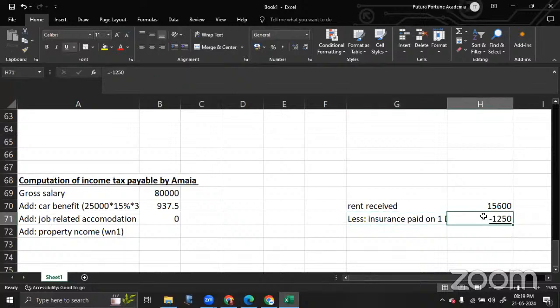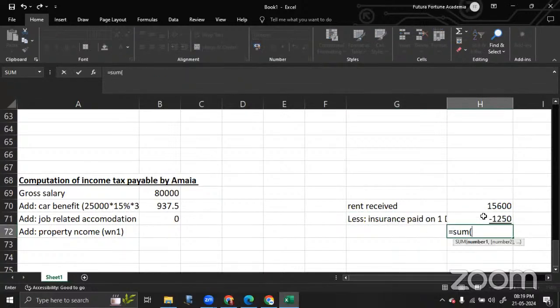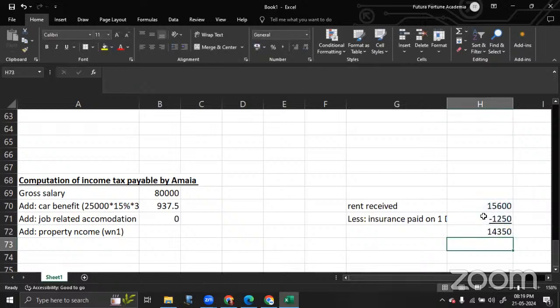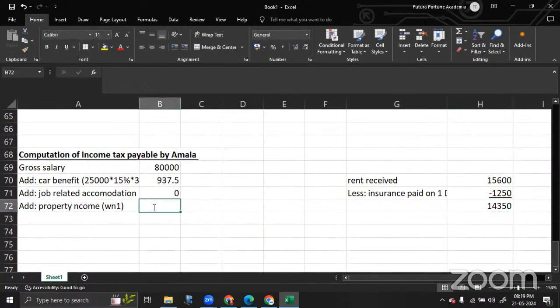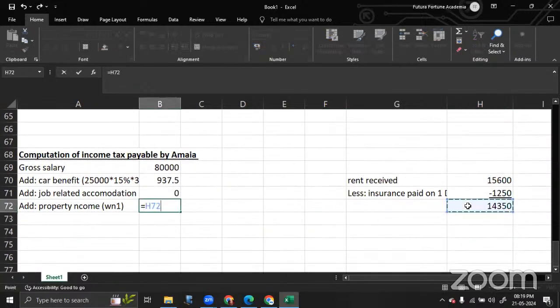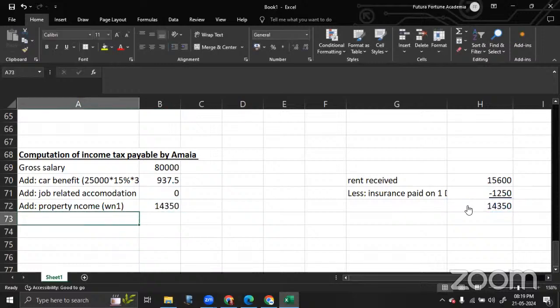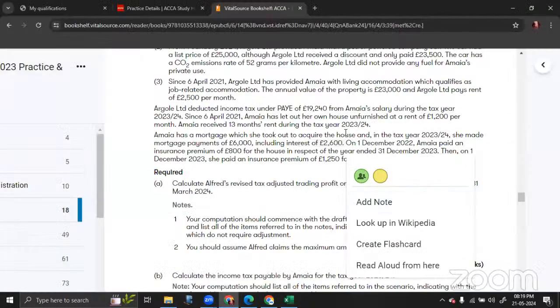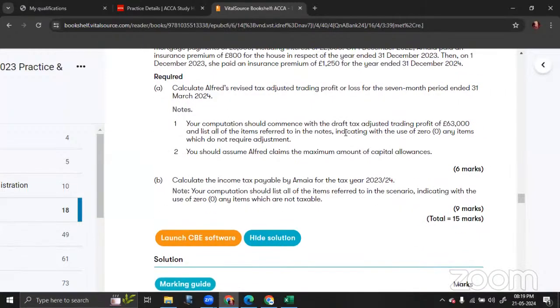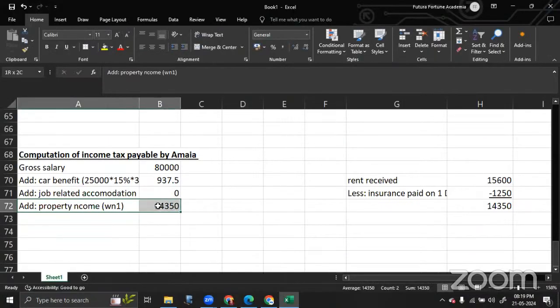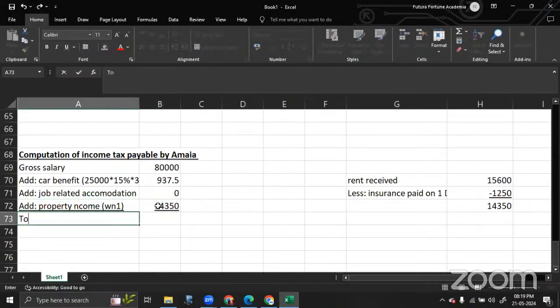So the taxable amount is equal to 14,350. So that was about property income. So you calculated your, this is your total net income.